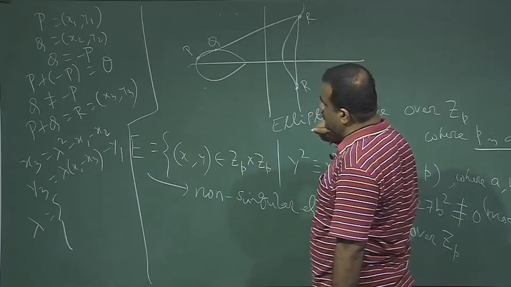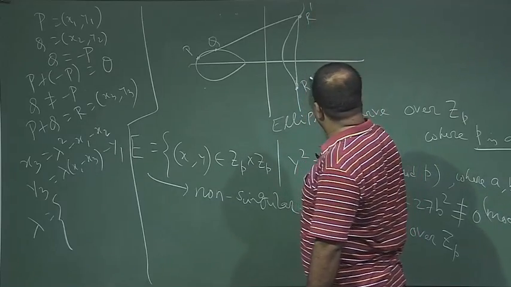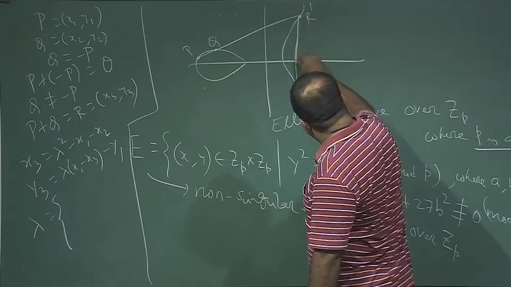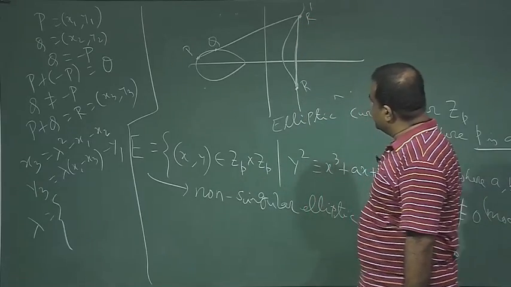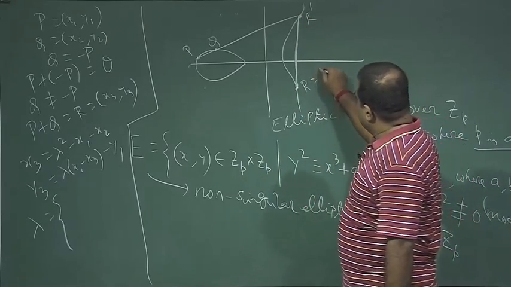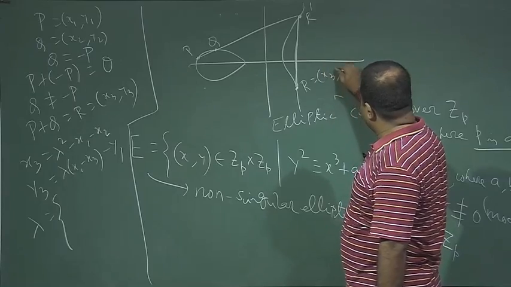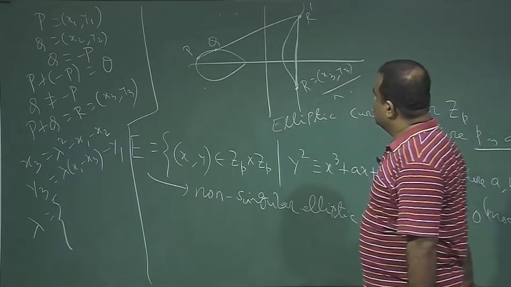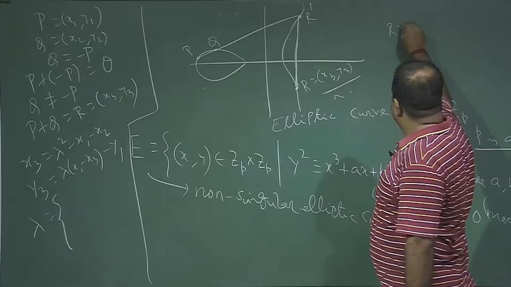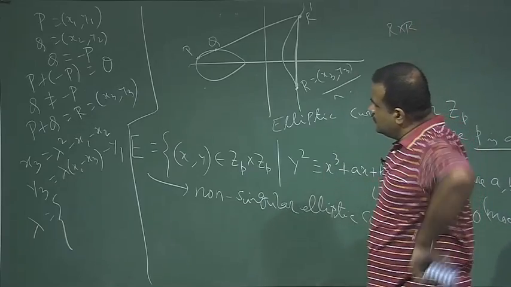If this is R prime, this is our R, the mirror image of this point with respect to the x axis, and this is our (x3, y3). This is over R cross R, an elliptic curve point over R.